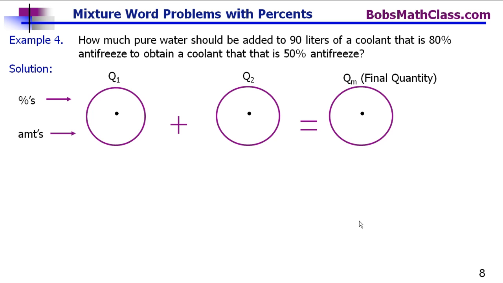Example 4. How much pure water should be added to 90 liters of a coolant that is 80% antifreeze to obtain a coolant that is 50% antifreeze? Start with the circles. That's our first step. Draw those 3 circles in, and then we'll start putting in the numbers.